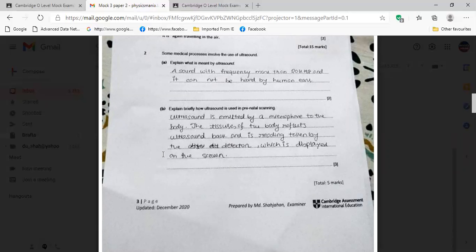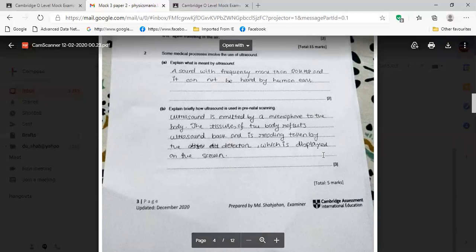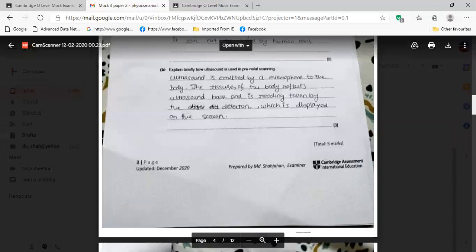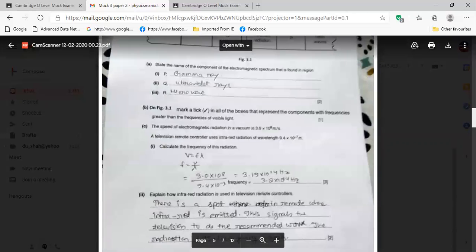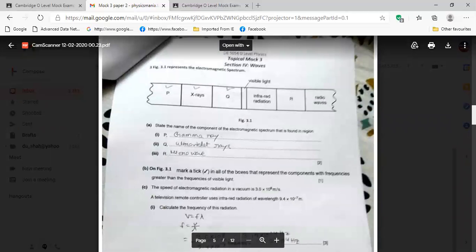The tissues of the body reflect ultrasound back and the reading is taken by the detector, which is displayed on the screen. Correct. Sir, I will get -1 over here. Not -1, just ignore it. Microphone you ignore.